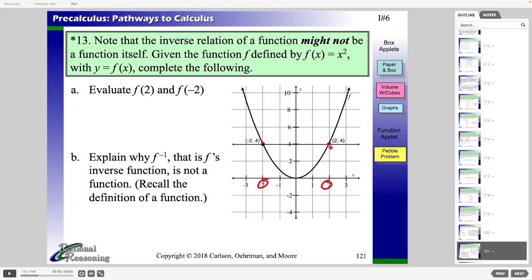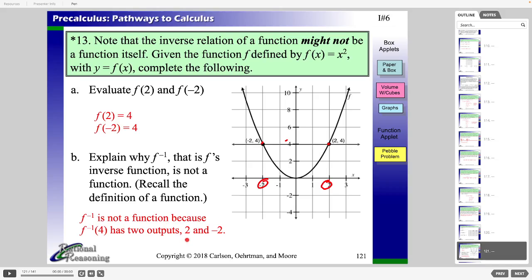Do I go to negative 2 or do I go to 2? See, this is not a function. The inverse, if I put in 4, would have 2 outputs. So that's why it can't work as it is. Both equal 4. If I try to invert, I don't know whether I should go to 2 or negative 2 because they're both valid answers.